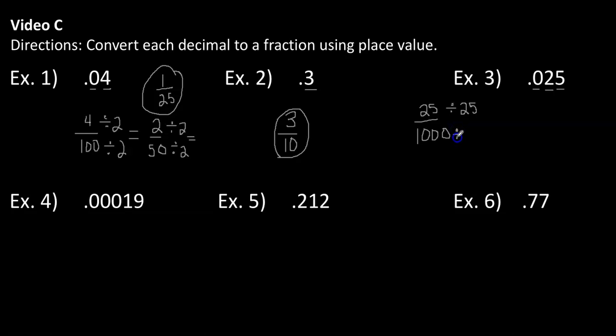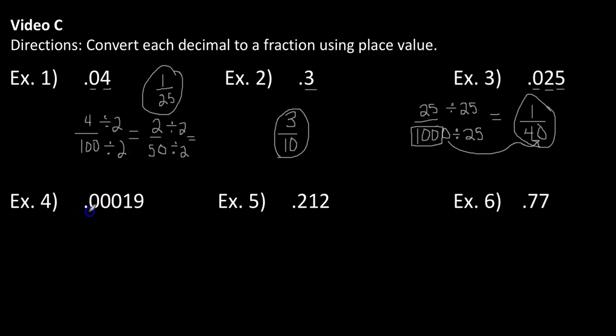So I noticed right away that you could just divide it by 25. So 25 divided by 25 is 1. And then I'm just going to focus on this 100. 100 divided by 25. Well, there's 4 quarters in 100, or in a dollar. So 4. And then I'm going to add this 0 back on. So this becomes 1/40th.